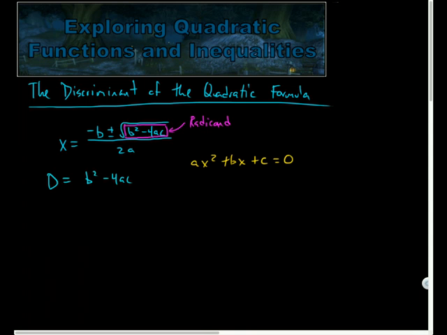So let's actually do some of this classification. So if d is positive, what that tells me is there will be two real solutions.